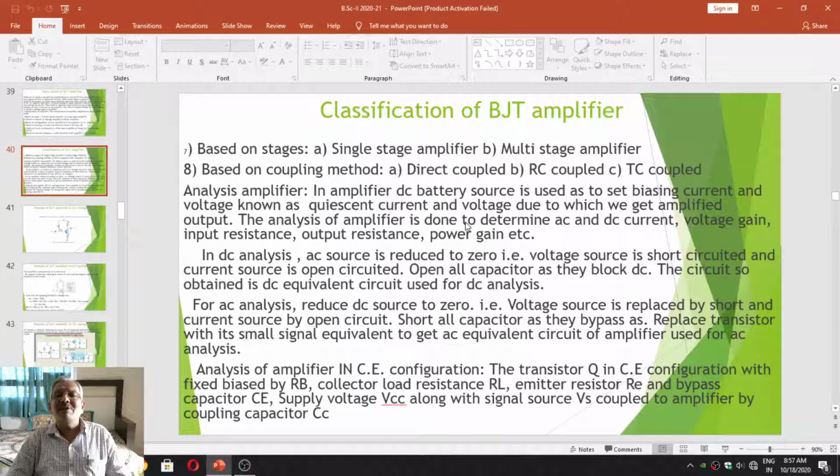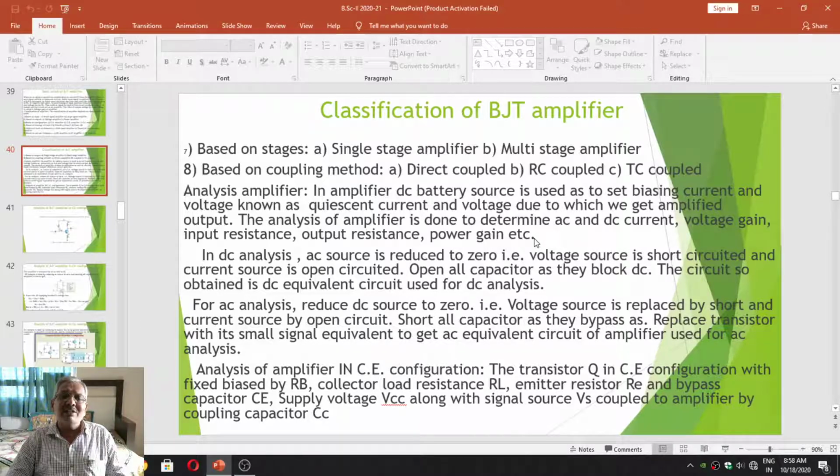The analysis of amplifier is done to determine AC and DC current. That means to perform the analysis of amplifier, we are going to determine the AC and DC current, voltage gain, input resistance, output resistance, and also the power gain. So these factors we are going to determine. And determination of these factors, that is current gain, voltage gain, power gain, input resistance, and output resistance, is known as performing the analysis of that particular amplifier.